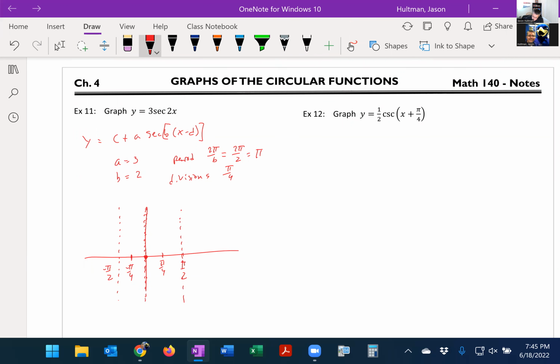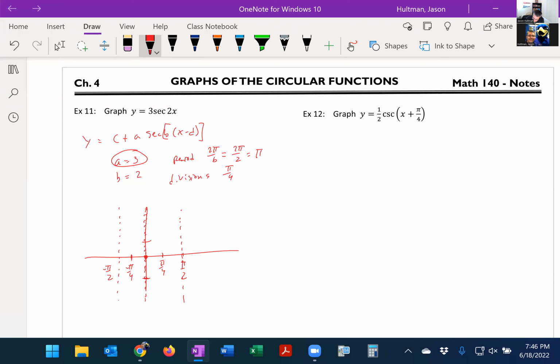Now we have to figure out how the a affects this. The period went from negative pi over 2 to now pi over 2, not 3 pi over 2, because we compressed it. But how does the 3 affect it? That really is going to tell me the minimum and maximum value of my u's.